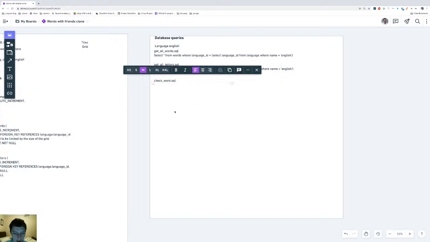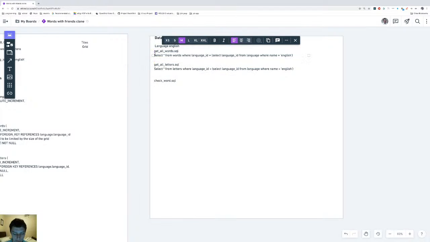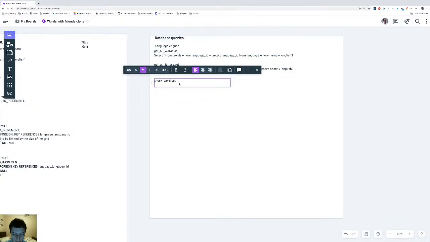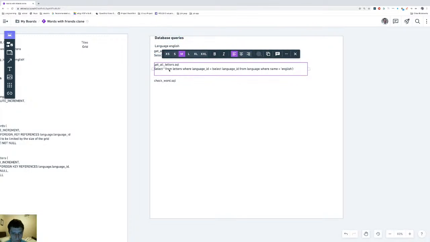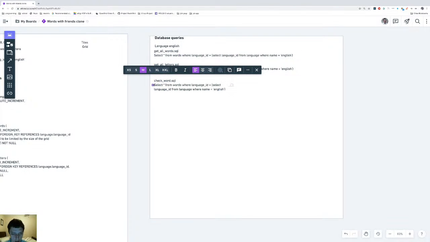So check word would be this query plus this one, plus and letter equals $2.